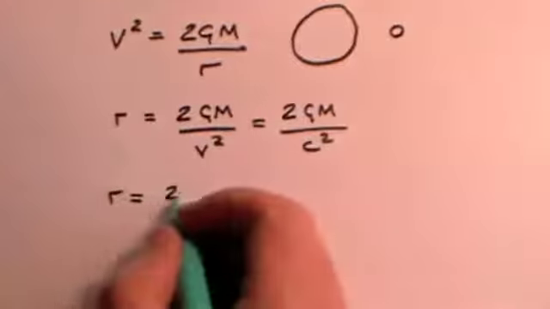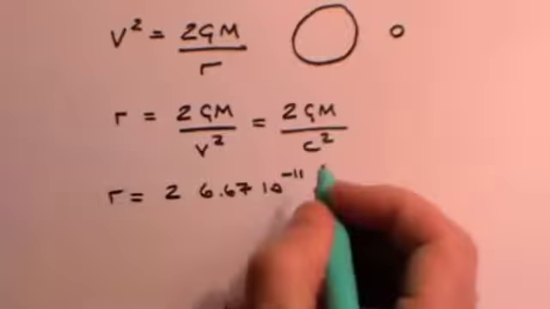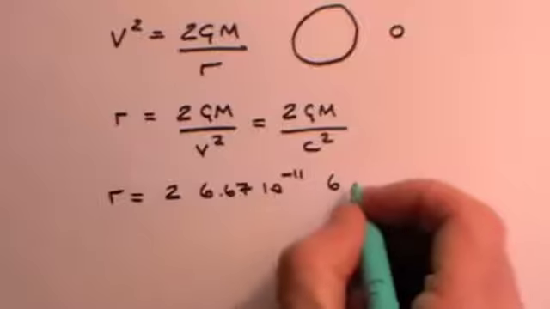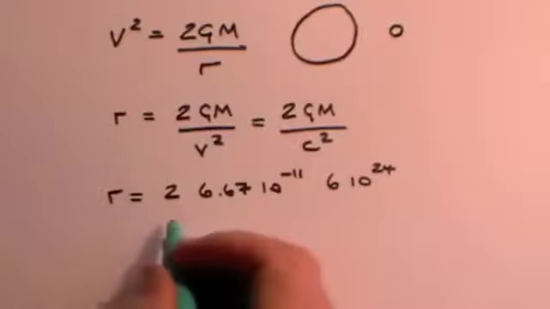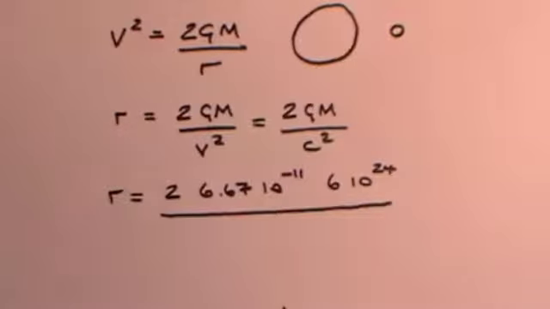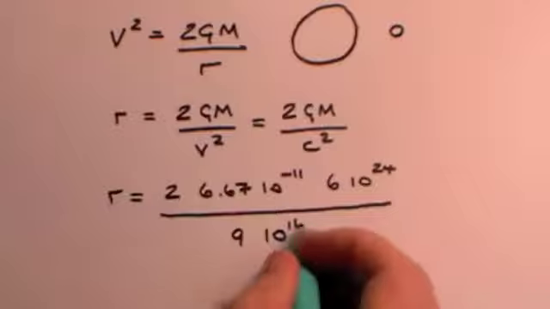The radius will be 2 times g, which is 6.67 times 10 to the minus 11, times m, which is, as we said, 6 times 10 to the 24 kilograms, divided by c squared. Well, c is 3 times 10 to the 8, so c squared is 9 times 10 to the 16.